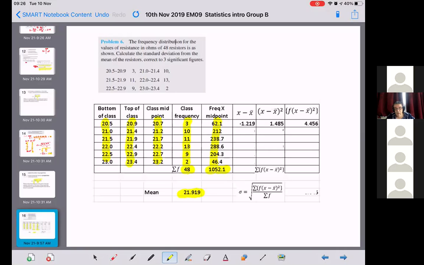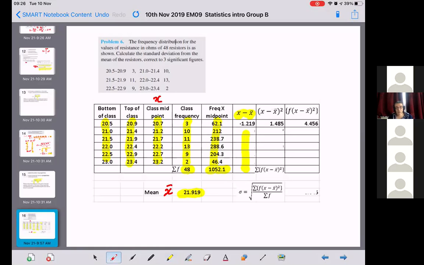What we now need to do is find all the x minus x bar values to go in this column here. The x value, remember, is the mid-class point, and the x bar is this mean value here.